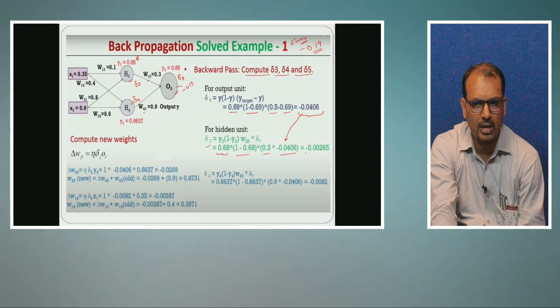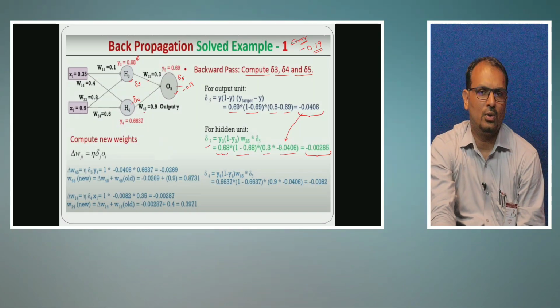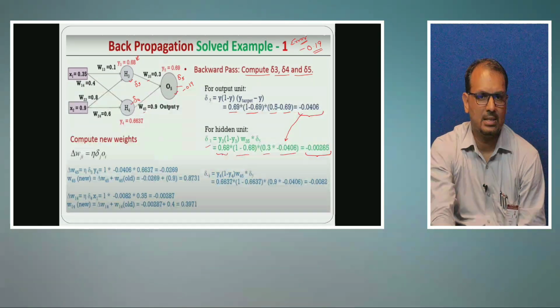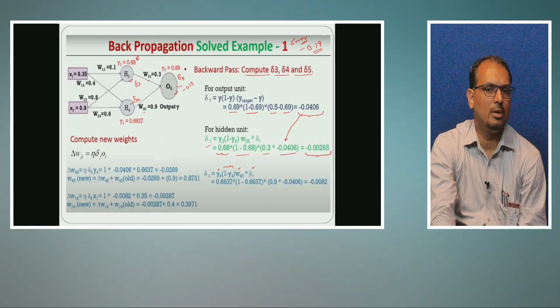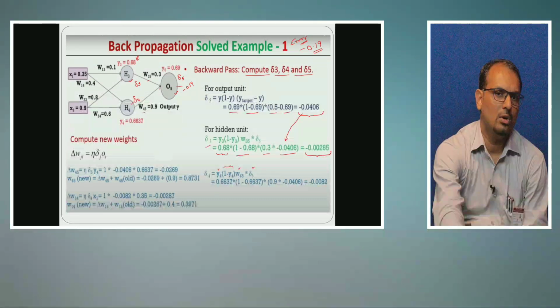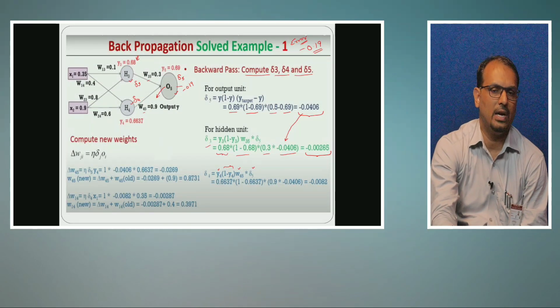With respect to that, the contribution goes to delta 3, and in the same way delta 4 is nothing but y4, 1 minus y4, w45, delta 5, because w45 is also contributed by delta 5 only.